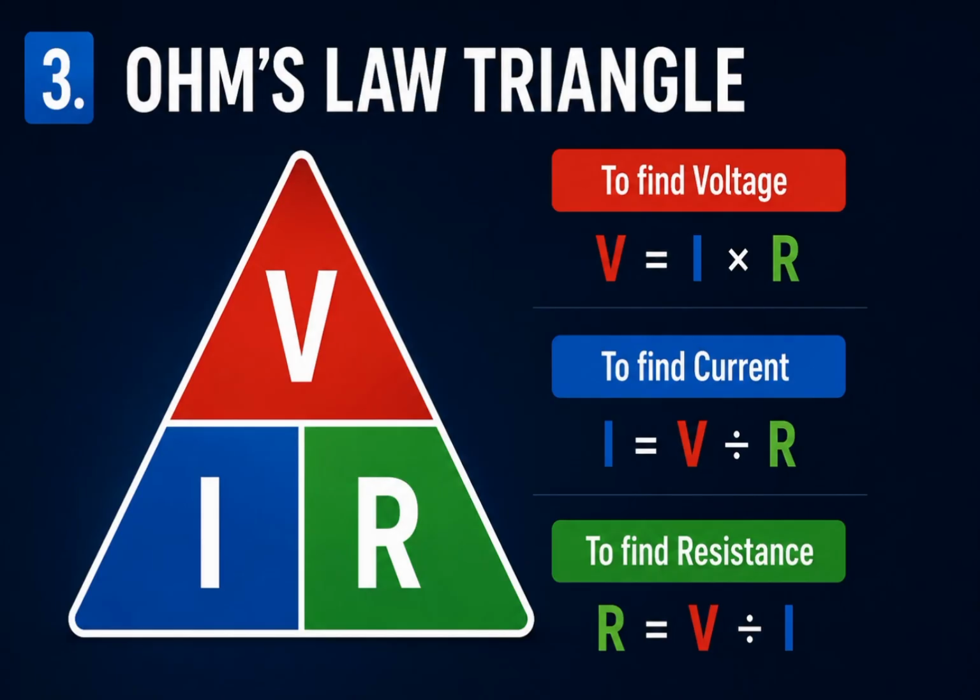So we have V at the top, then on the bottom we have I and R. The trick here is, if you want to look for the value of I, you just cover that section of I, then we have V, which is on the top, divided by R. If you want to find the value of R, just cover the R part, then we see V divided by I. And if you want to look for V, just cover the portion of V, then you have I multiplied by R. That is one way students use to memorize that equation.